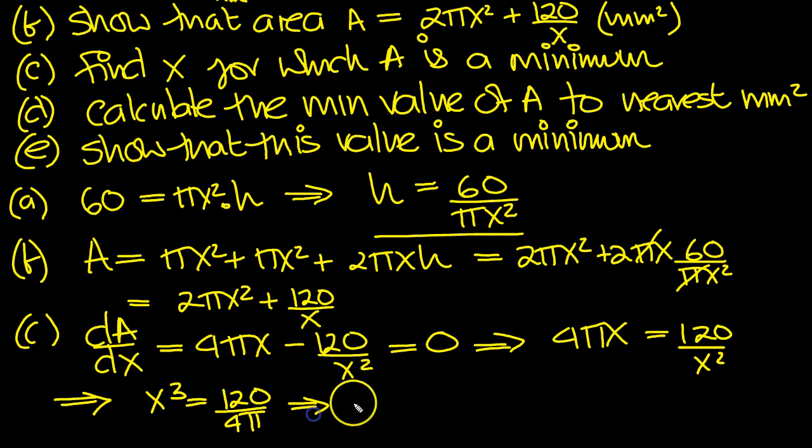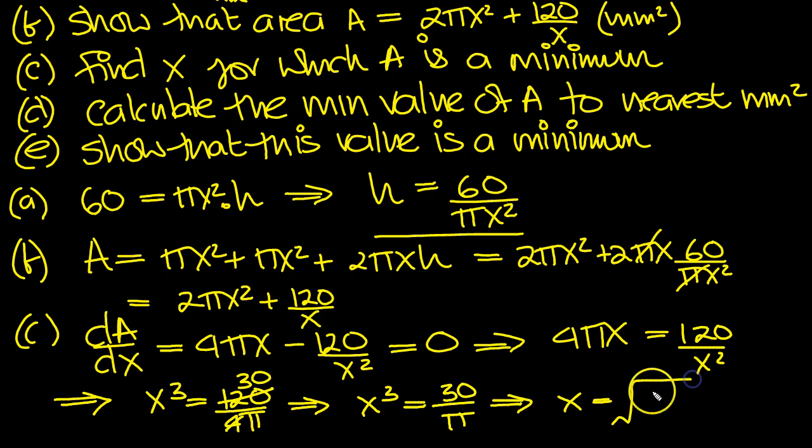So that tells us x cubed, 4 goes into 120 30 times, so it's 30 over pi. Cube root, x is equal to the cube root of 30 over pi.